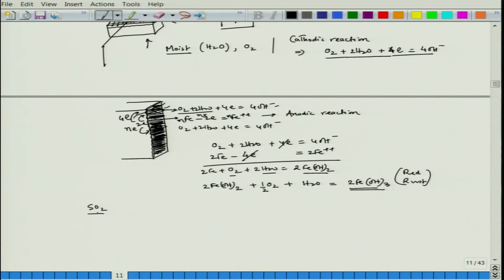Okay. Now, for example, in industries where we have the handling of petroleum product, there could be a possibility of formation of SO2, and that SO2 can convert to SO3.